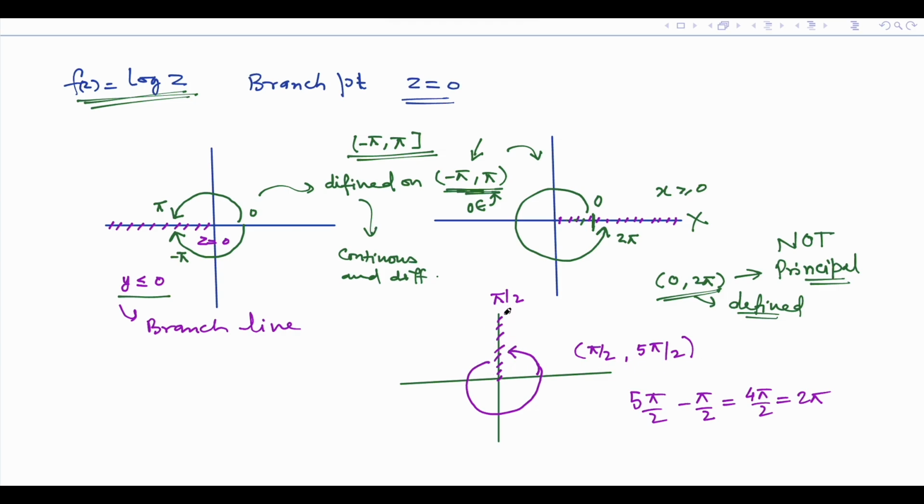So if you want to select the principal branch as the imaginary axis, you can do so, but you should revise your argument, because you see π/2 open to 5π/2. If you run counterclockwise, then your branch is not going to be touched at all.